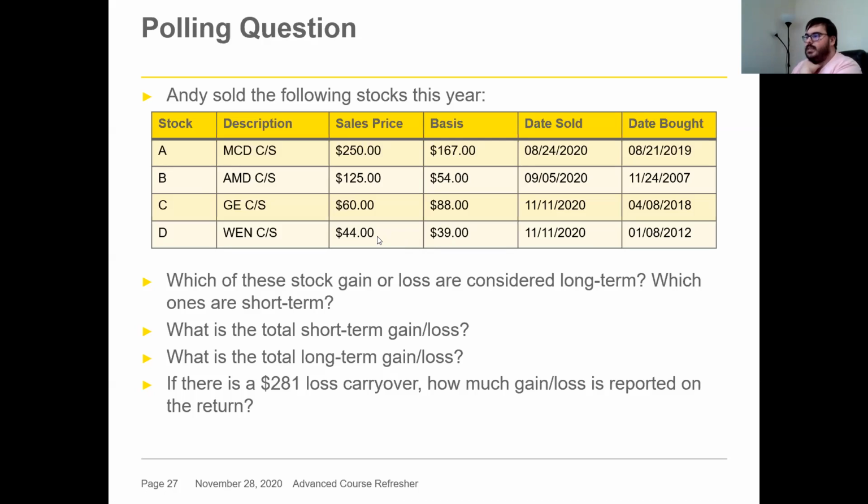So in this case, the first one would be considered long-term because it was bought on August 21st, 2019, and it was sold on August 24th, 2020. That is a year and 3 days, so it would be considered long-term. The second one was bought in 2007 and sold in 2020, so that's long-term, that's 13 years.